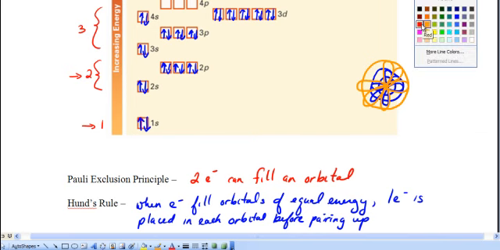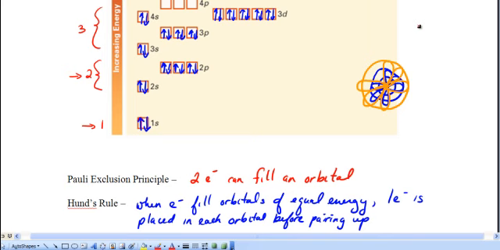Once that orbital is filled, you move on to the 4s, which is just like the 1s, 2s, and 3s, except it's larger. So then you fill the 4s, then the 3d, then the 4p. All we're doing is placing electrons in these probability areas, first as close to the nucleus as possible, and then working our way further and further away.